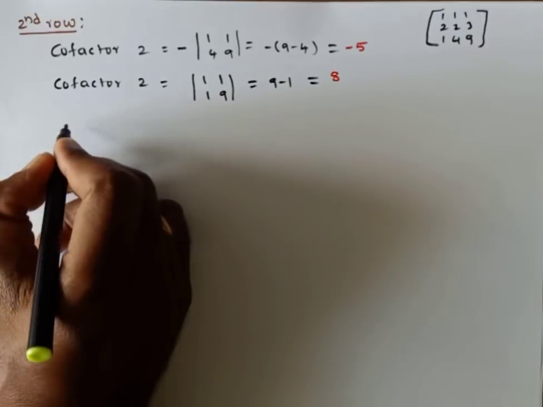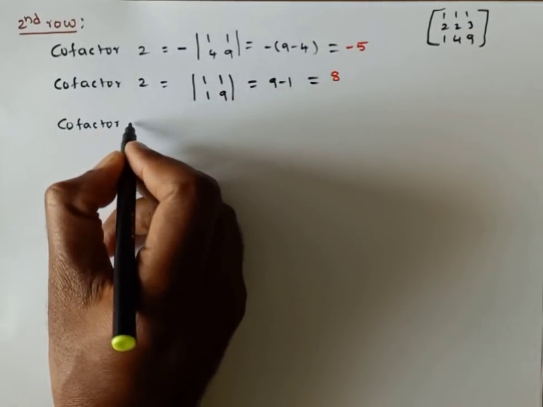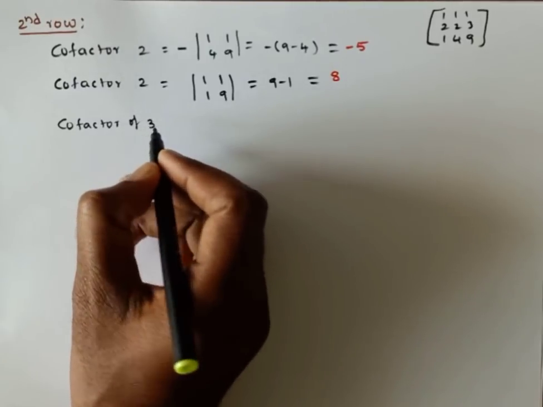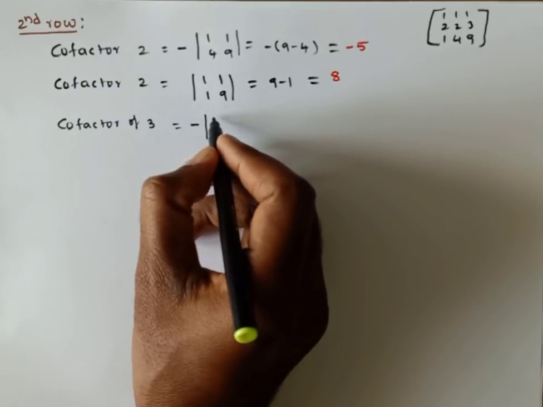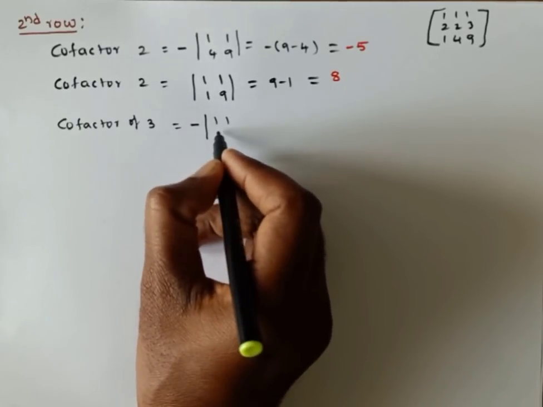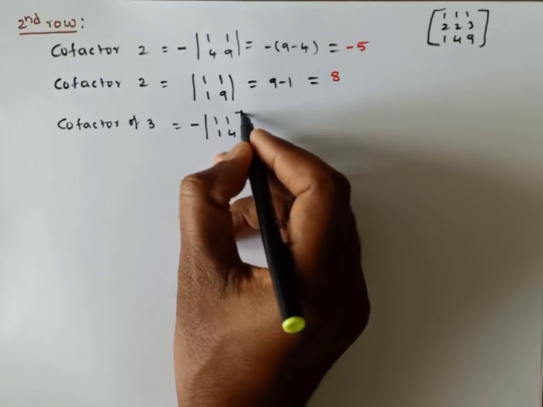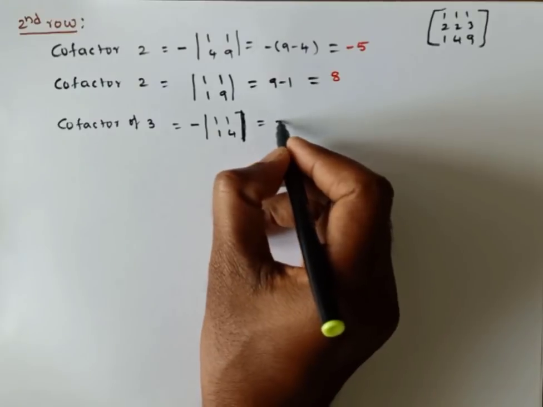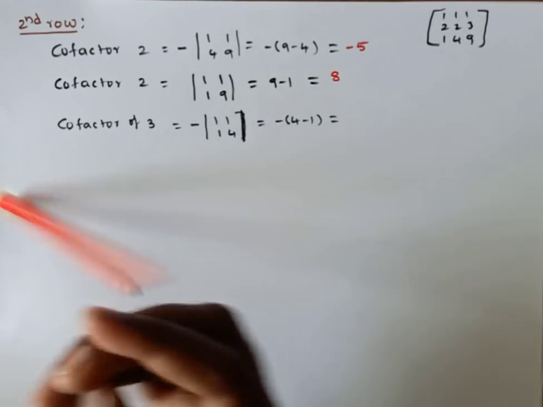And the cofactor of 3: the sign of this 3 is minus. By deleting that row and column, we get the elements 1 1 1 4. The determinant is minus of 4 minus 1, that is minus 3.